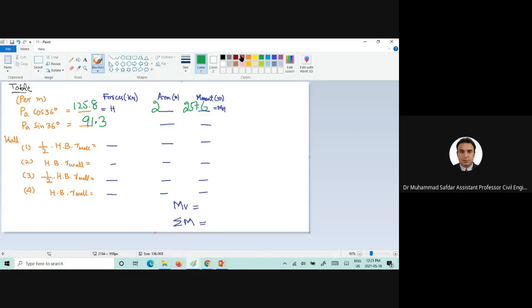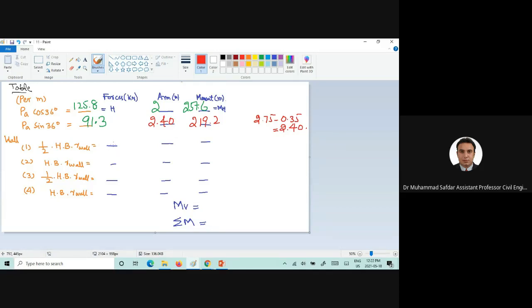Okay, let me give you a value here. It's 2.40, which is 2.75 minus 0.35. This will give us the 2.40. Now give me the moments. 219.12. 219.2, I would say.